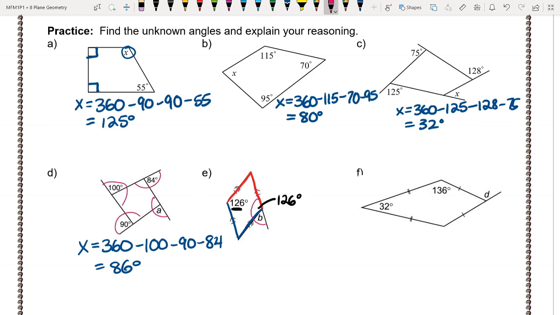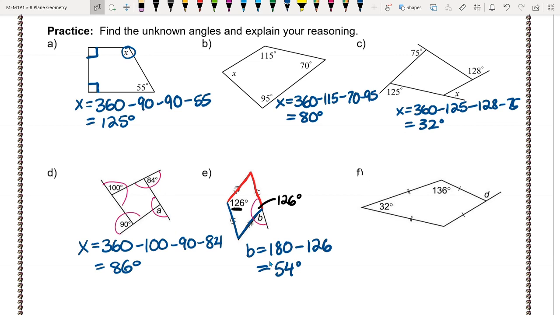And that's useful for us to know because if I know one of the angles of a supplementary pair, I can simply find the other by doing B is equal to 180 subtract the known angle. So 180 subtract 126, and we get 54 degrees.